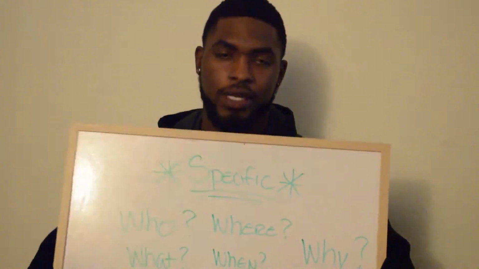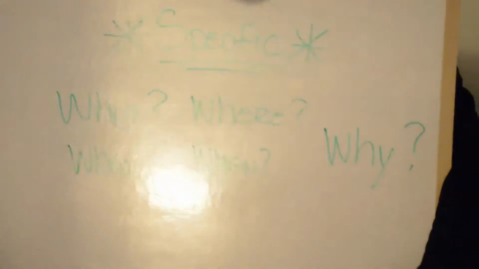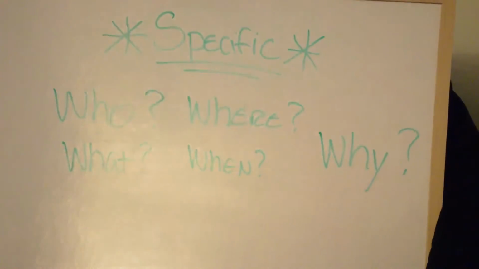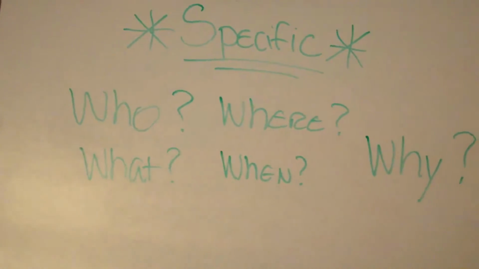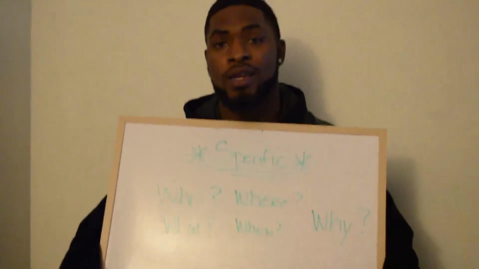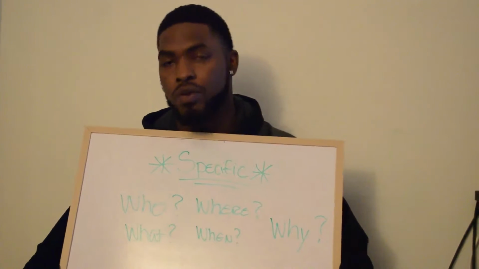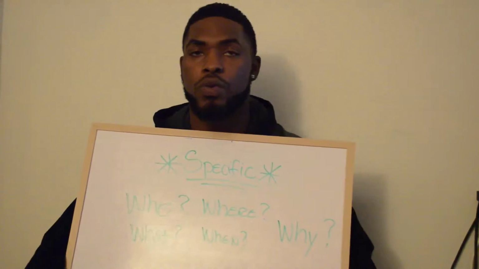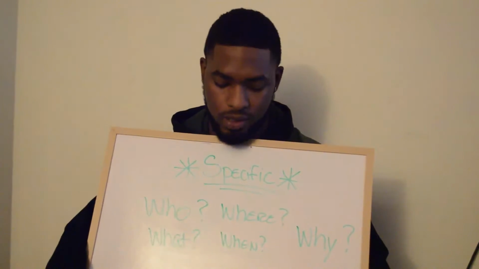So, first thing we're going to talk about is specificity. The main thing about being specific is the individualization of the actual thing you're performing and knowing who your athlete is. That way, you know who's doing what, you know that person's limitations as opposed to another's.